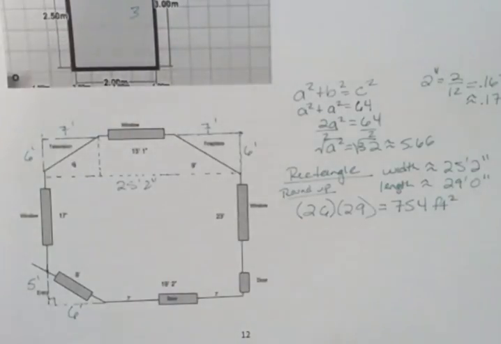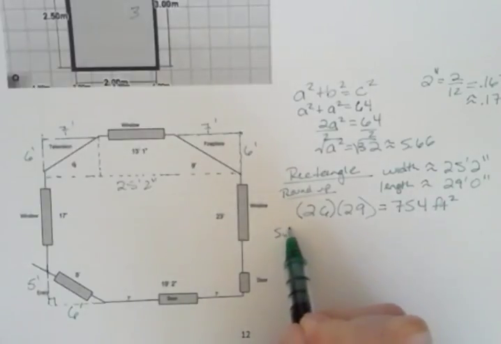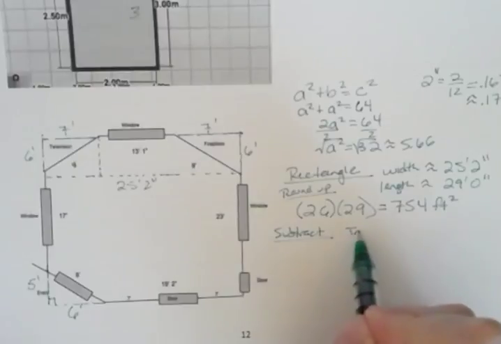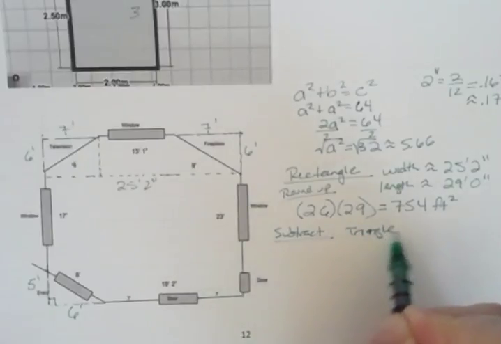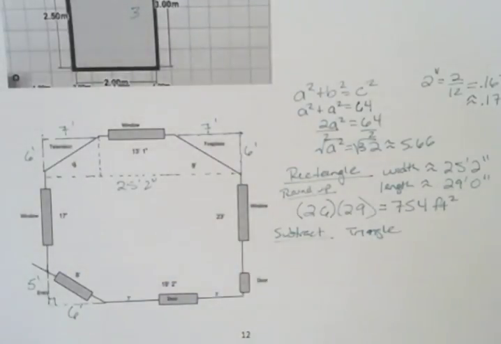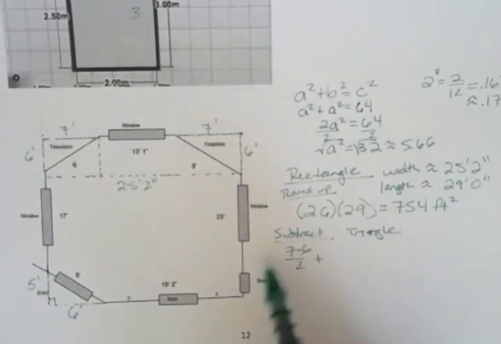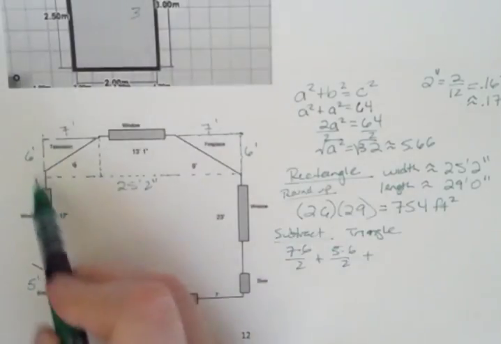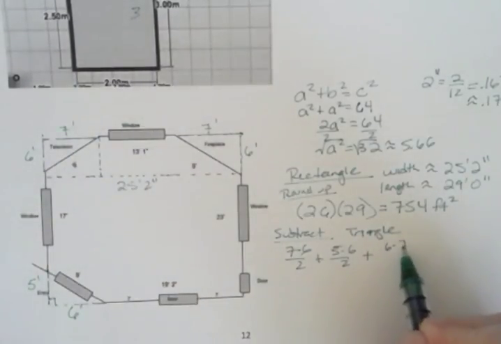Okay, but then I had all these little pieces on here that I don't really need. So I want to subtract the triangles that I had around there. And the triangles, remember, it's base times height divided by 2. So I have this one, 7 times 6 divided by 2. I have this one, which is 5 times 6 divided by 2. And I have this one, which is 6 times 7 divided by 2.